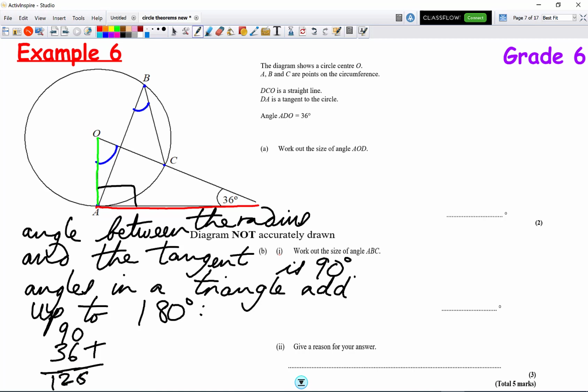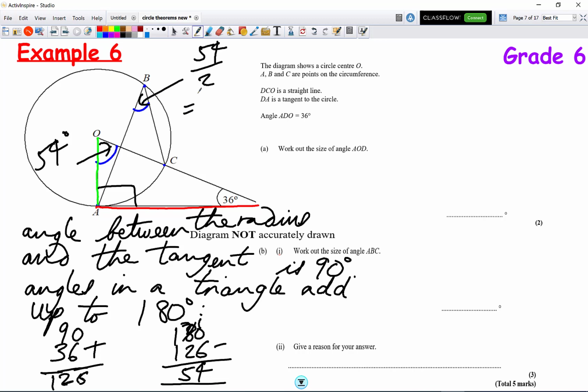And what we want to do essentially is 180 degrees minus that. So we get 54 degrees. So it means that the angle at the center is 54 degrees. And we know that the angle at the circumference is half of that. So we're going to do 54 divided by 2, and that's going to give me 27 degrees.